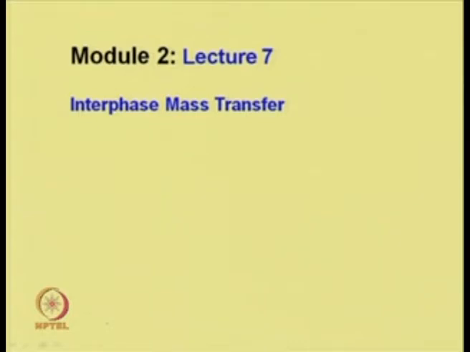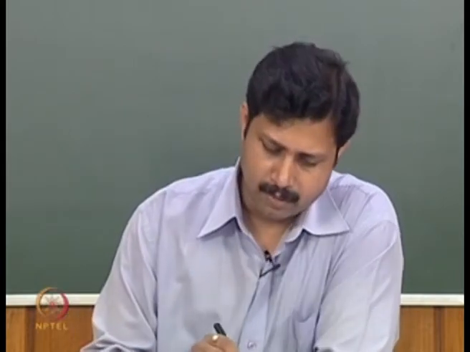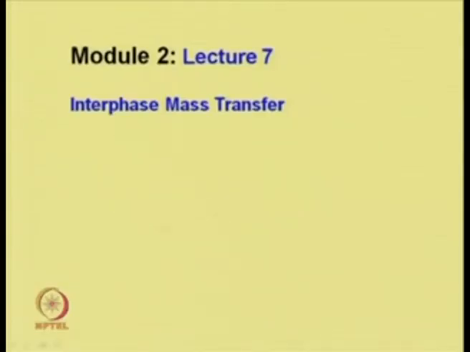In the previous lecture we have seen that to calculate the flux for interphase mass transfer, we need to know the interfacial concentrations. But the interfacial concentration is not easy to measure by a simple device.